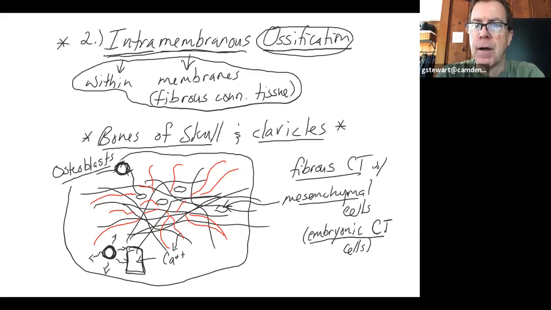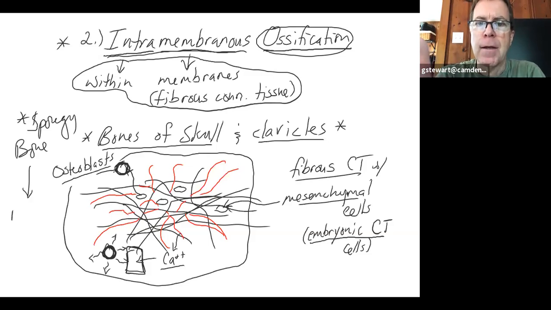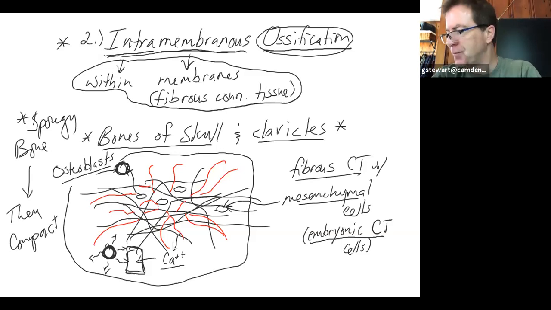Osteoblasts secrete osteoid, blood vessels bring calcium and nutrition, they mix to form hard bone tissue, and remember, spongy bone typically develops first, and if we need compact bone, then compact bone develops from spongy bone.